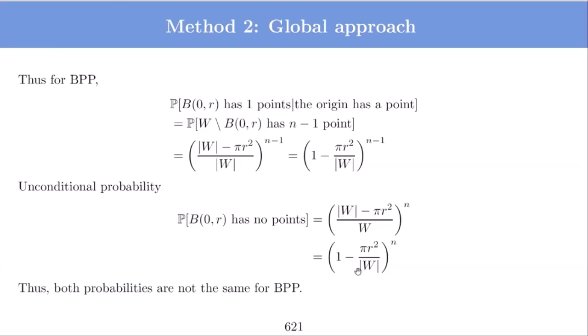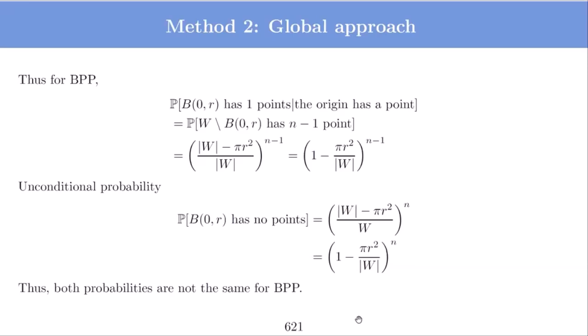So these two are not the same. In the binomial point process, the probability that the ball B(0, r) has no point is not equal to the probability that the ball B(0, r) has no other point, conditioned on there being a point at the origin. So conditioning on a point at the origin does affect the distribution of other sets.